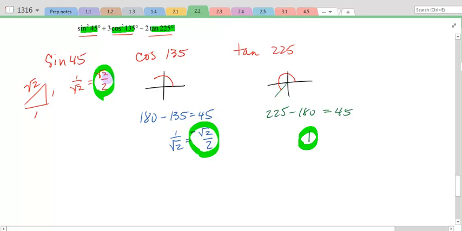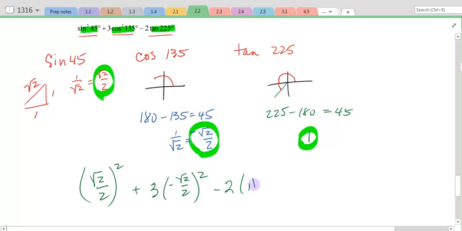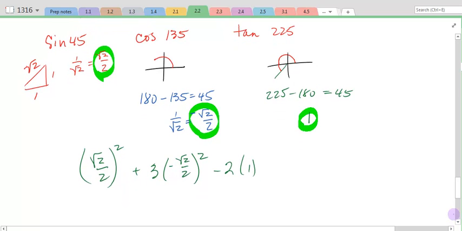So I'm going to take the square root of 2 over 2, which is the sine of 45, and I square it, plus 3 times cosine squared of 135. Well, the cosine of 135 is negative square root of 2 over 2 squared, minus 2 times the tangent of 225, which is just 1. So this green expression right here is what we are now going to simplify.